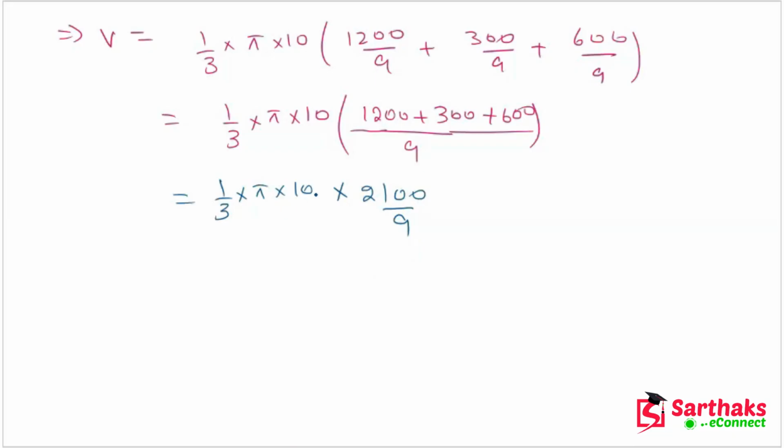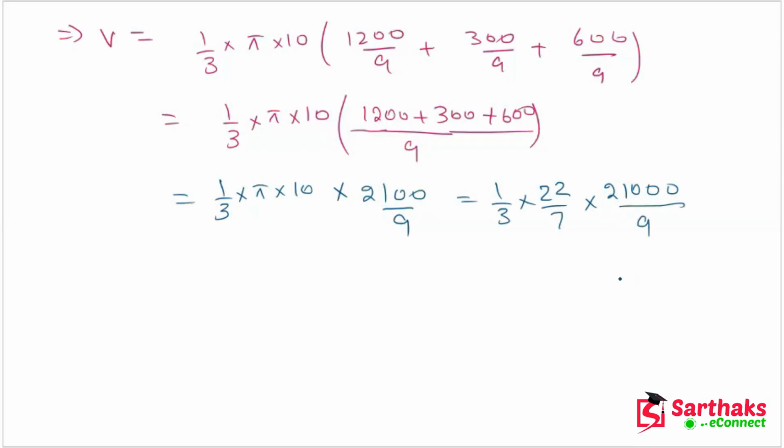So this will become 1 upon 3 into 22 upon 7 into 2100 upon 9. If we multiply, we get 21,000 divided by 9.